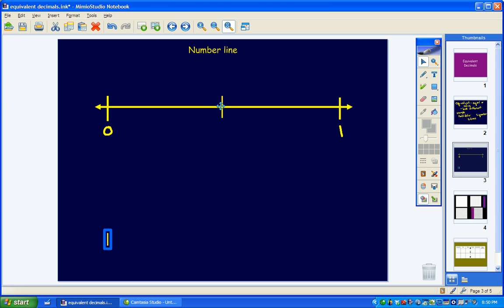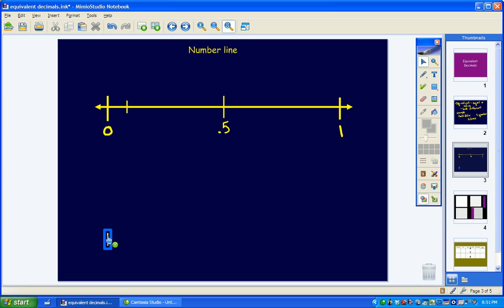And we don't have to be perfect here, but just eyeball, and that looks about halfway, correct? This would be my halfway mark. In decimals, we call that 0.5, which is 5/10ths, okay?